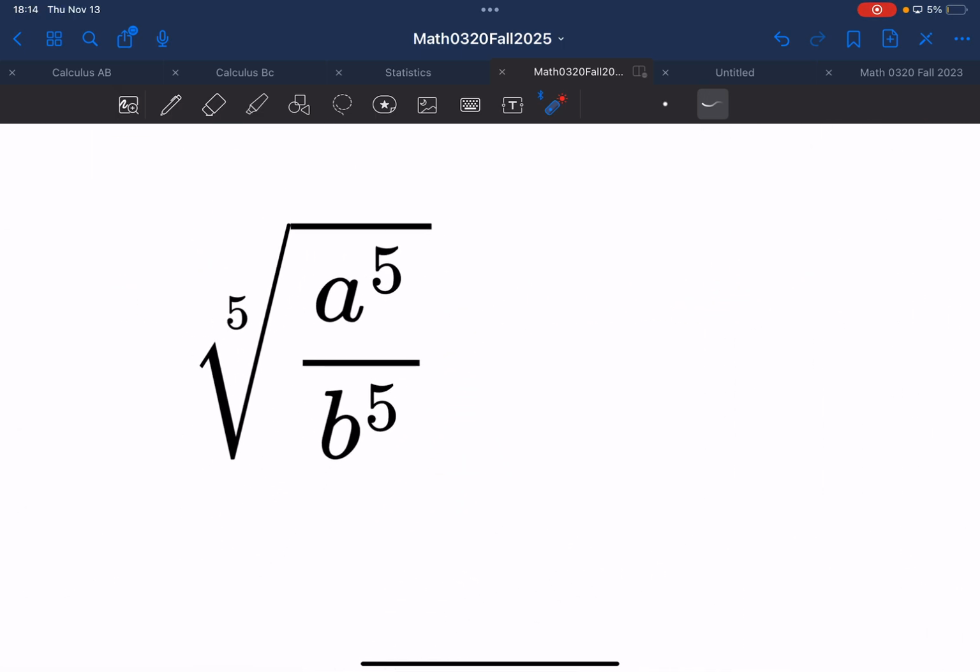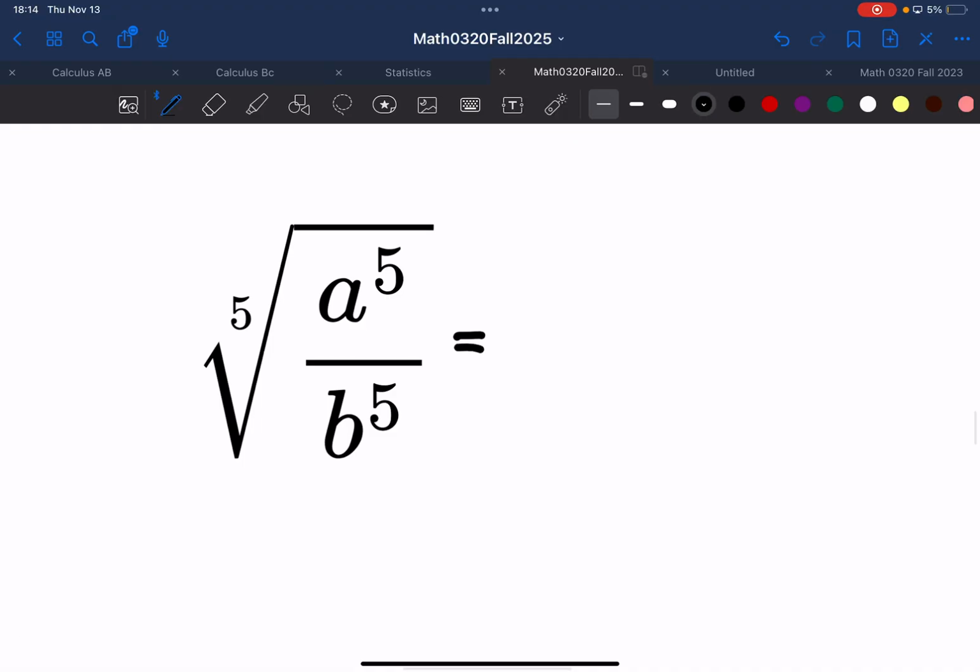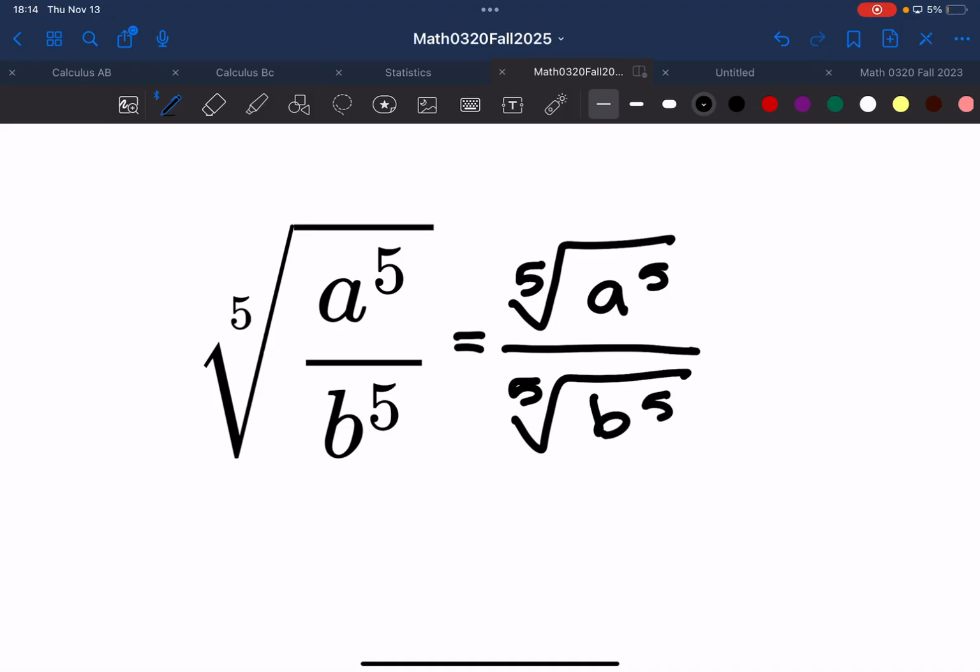Okay, so for this one, remember our properties of roots say I can give it to the numerator and the denominator. So this is the 5th root of a to the 5th over the 5th root of b to the 5th. And what do you notice about the root and the exponent? They're the same, so what happens? They cancel on both. So that means I'm just left with a over b.